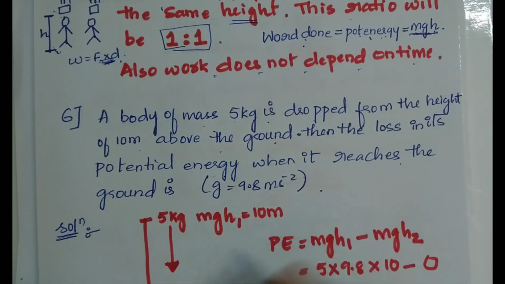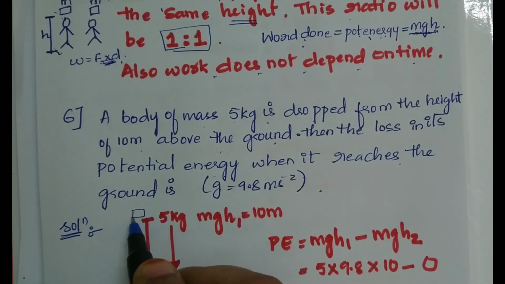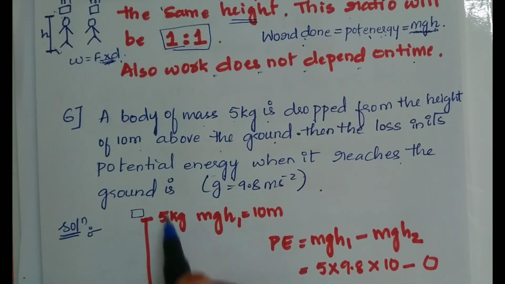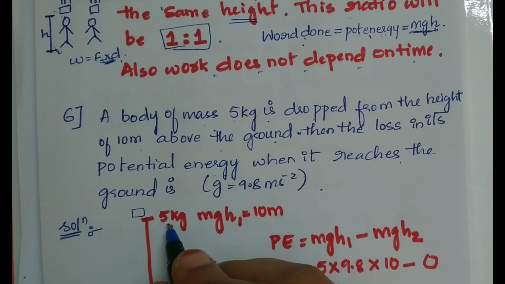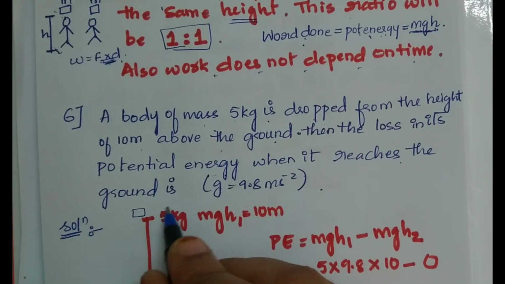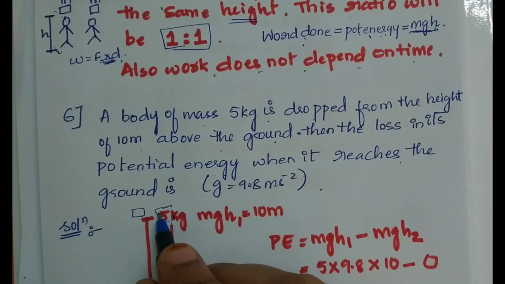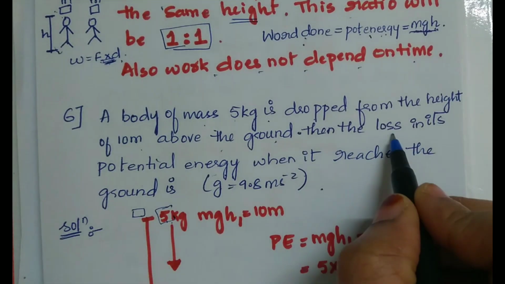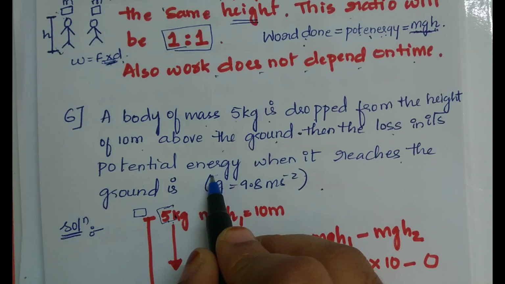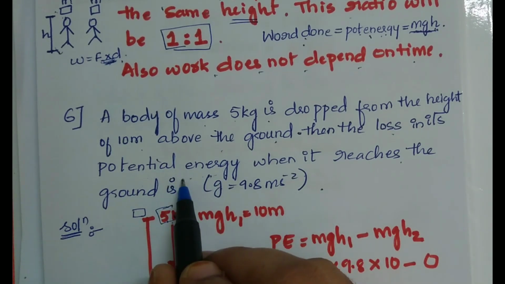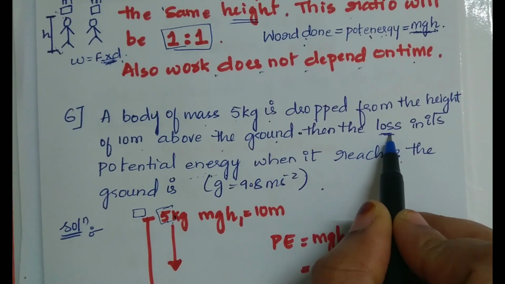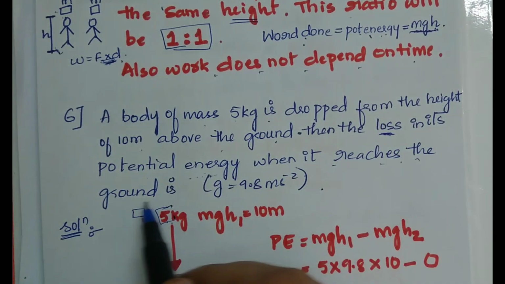Suppose there is one body dropped from a height h. The mass is 5 kg. They are asking the loss in its potential energy. Loss means you have to find the difference when it reaches the ground.